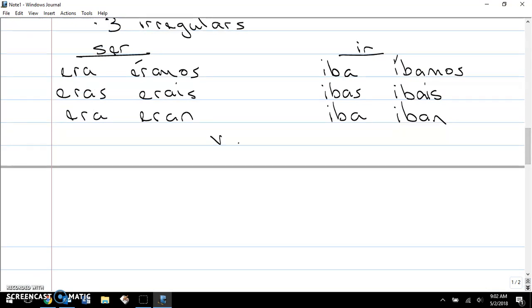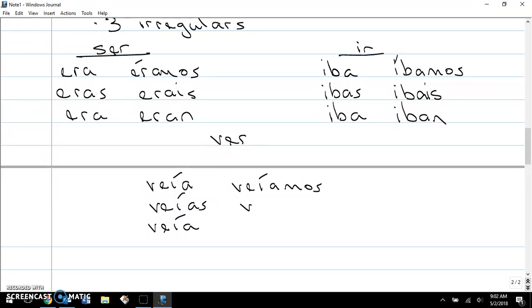And the last one here is ver. And it is veía, veías, veía, veíamos, veíais, and veían.